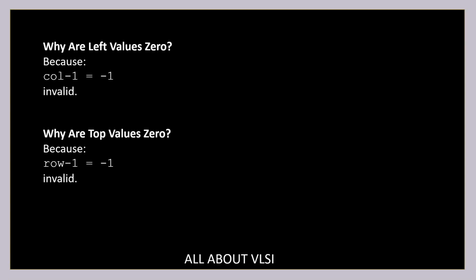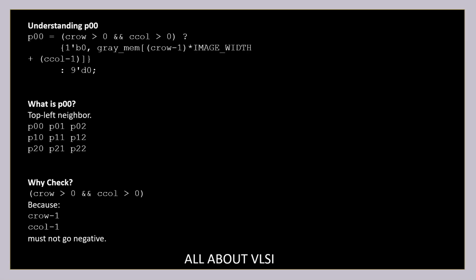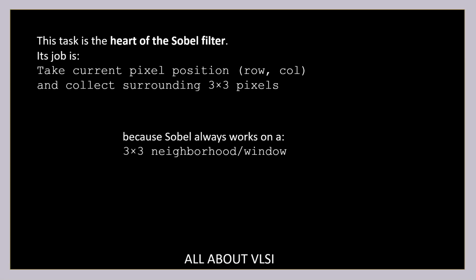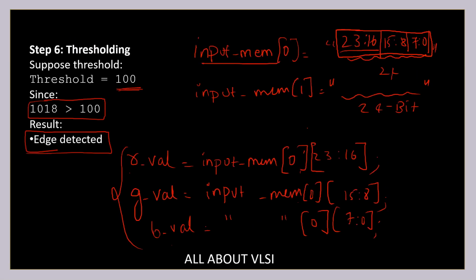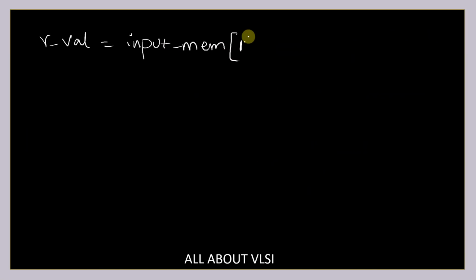Up to now we have discussed why the values are multiplied by these specific numbers. Since pixel count is not greater than 0, we are incrementing it, so that r underscore value is equal to input underscore mem, and pixel count will now be equal to 1.